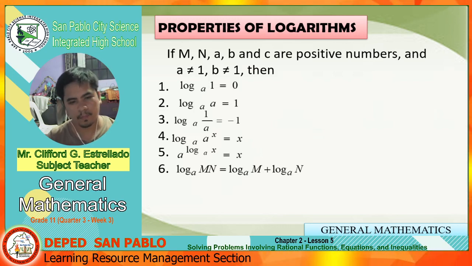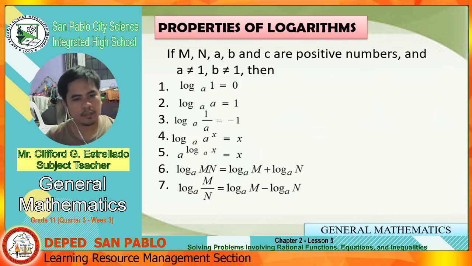Next, logarithm of m over n with the base a. So, it is the quotient rule. If you have the same base and you are dividing, you will subtract the exponents. So here, since it is logarithm, you will subtract the logarithms.